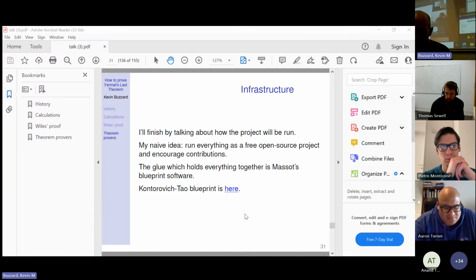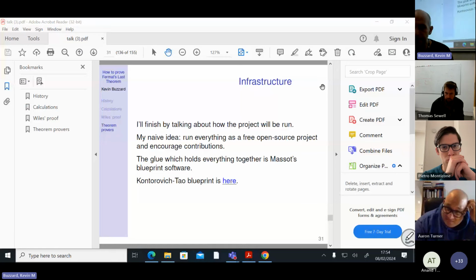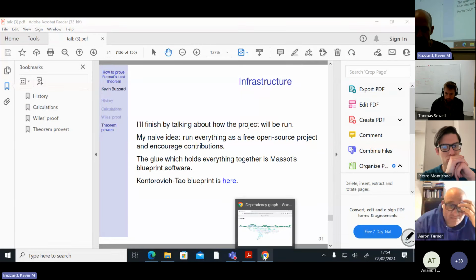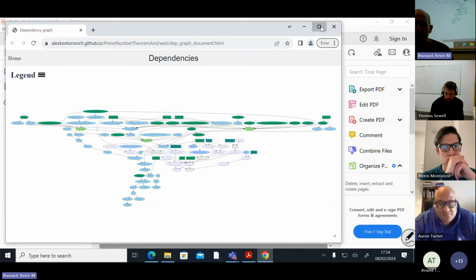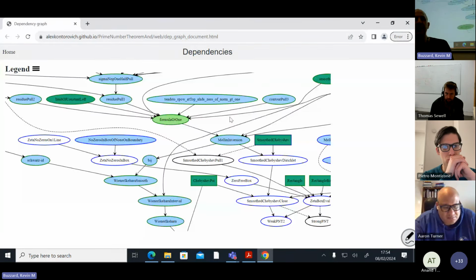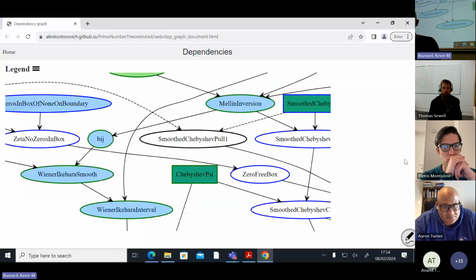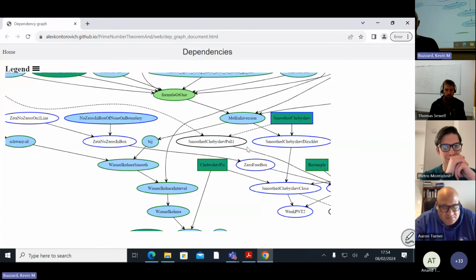I need to just share a different thing. Stop sharing, and now let me share a window. Let me just share screen. So the thing I was just showing you, which browser was I using? Was it that? Yeah. This is partially done. So I'm assuming that the Cambridge people can see this.